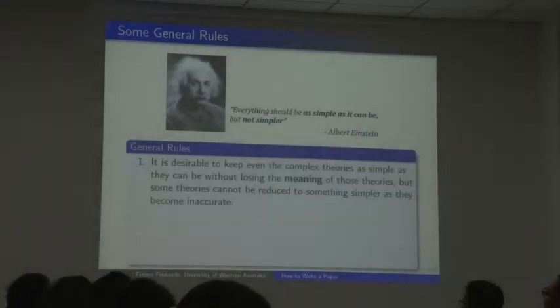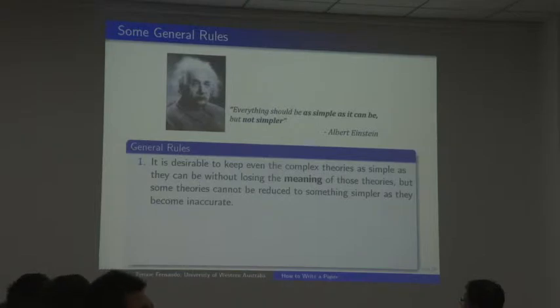So maybe Einstein meant it is desirable to keep even the complex theories as simple as they can be, without losing the meaning of those theories. But some theories cannot be reduced to something simpler, as they become inaccurate. So all theories, you want to simplify as much as you can.